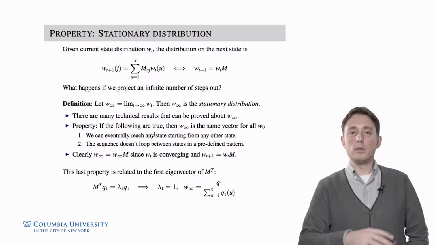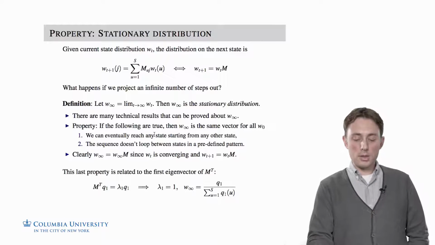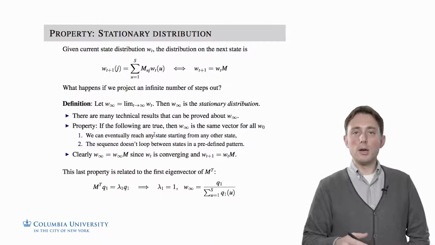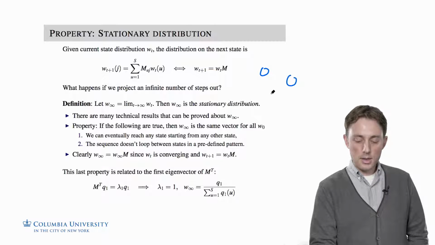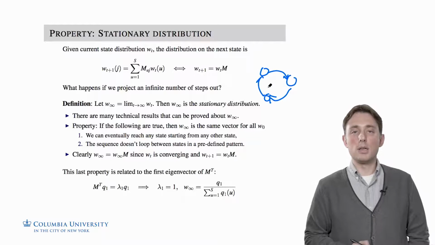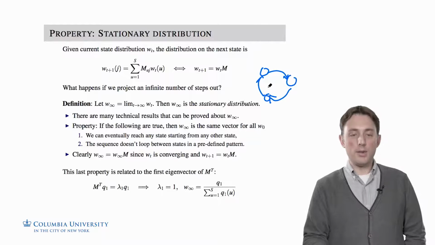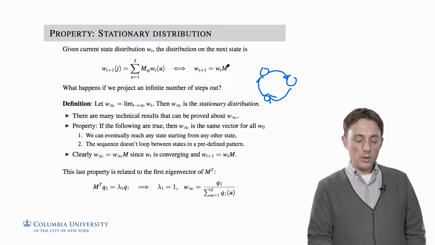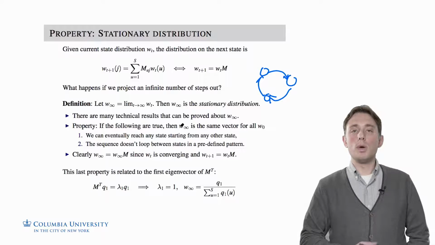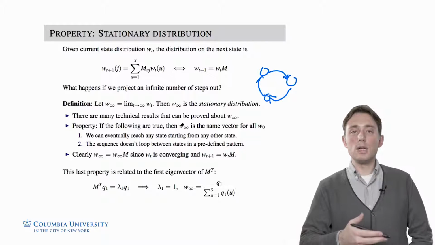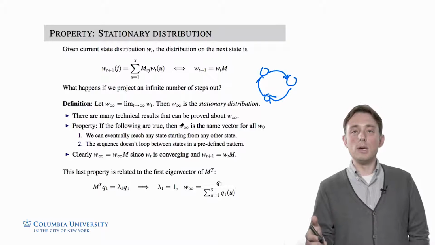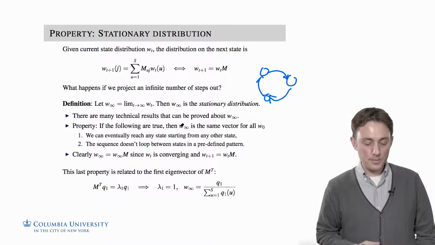For example, I have 3 states like this, and I always transition between these 3 states in a deterministic loop. We can't have anything like that encoded in M. In those 2 cases, if those are true, then no matter where we start, we're going to converge to the same stationary distribution. We're going to have the same uncertainty or the same level of belief of where we're going to be an infinite number of steps from now, no matter where we start.